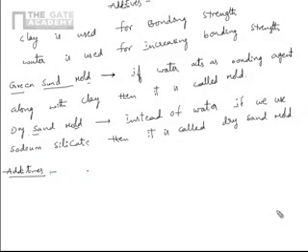Next, additives. So what are the additives we use? Coal dust is one additive. What is the purpose? To increase heat resistance.